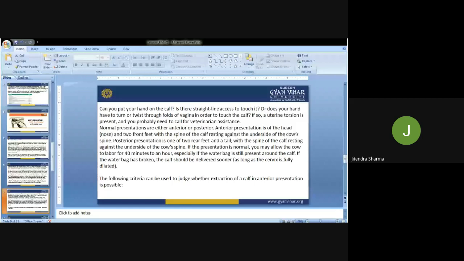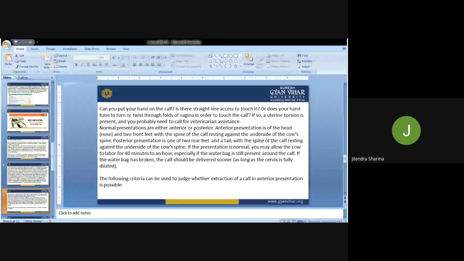If so, uterine torsion is present, and you probably need to call for veterinary assistance. If there is any torsion, or any situation where the turning of the calf has taken place inside the uterus, then you don't have any option. You call a technical assistant, a veterinarian, the professional of gynecology, who will help in facilitating the parturition process.